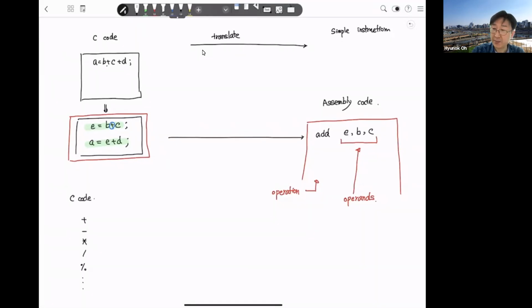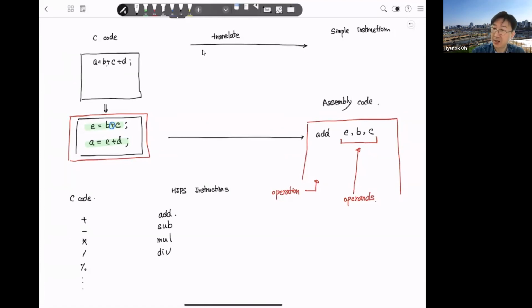Similarly in MIPS, it's very similar. For addition, the instruction is add. Minus is subtraction. For multiplication, there is the mul instruction, and there is a division instruction. Percent is modulo, which is actually part of the division.